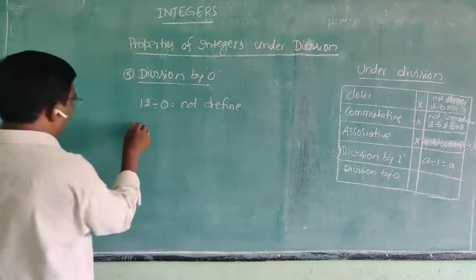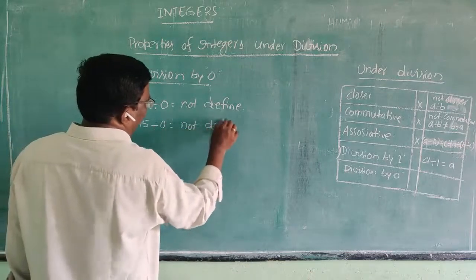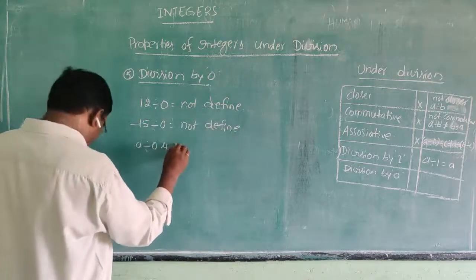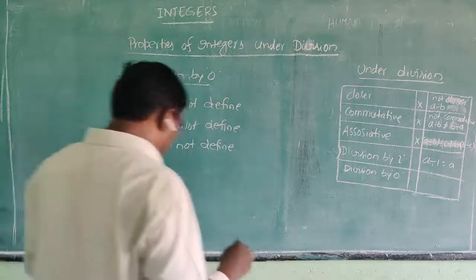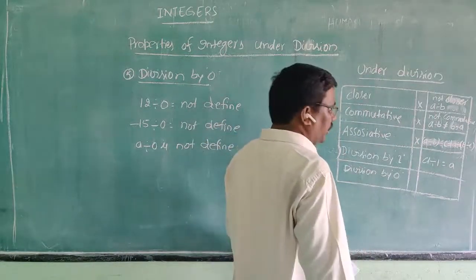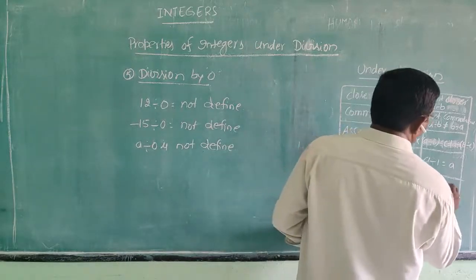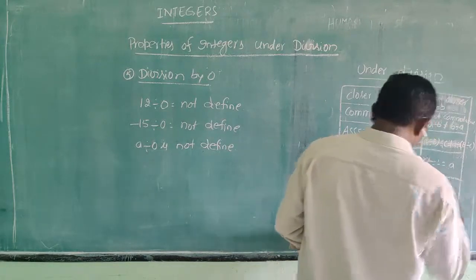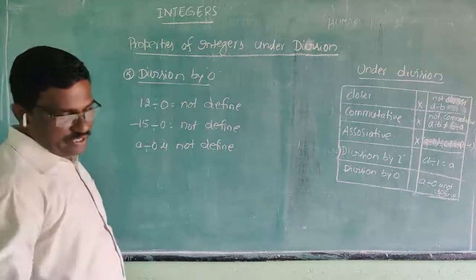For any non-zero integer a, a divided by 0 is not defined. So these are the properties of division.